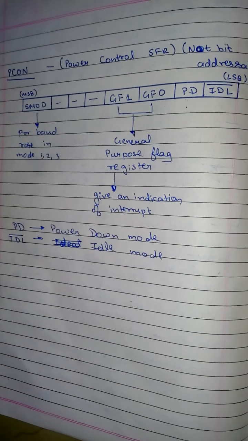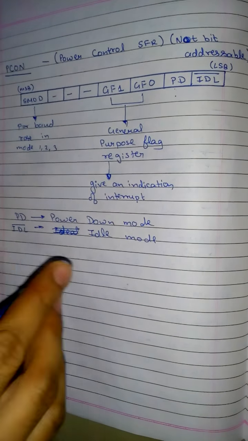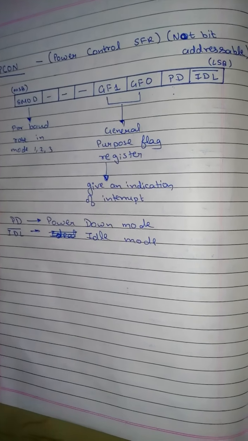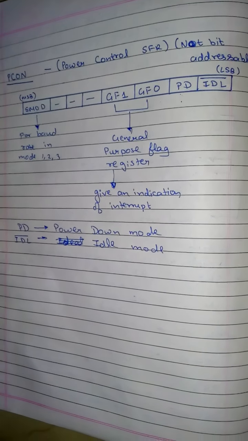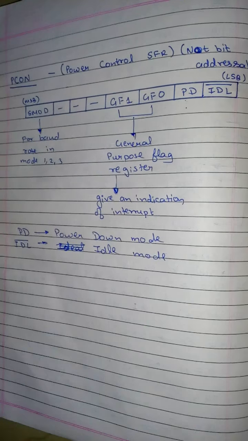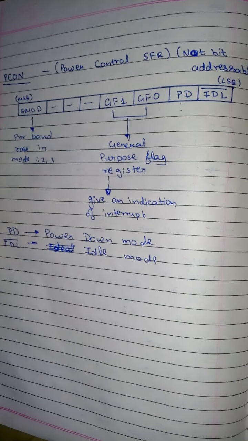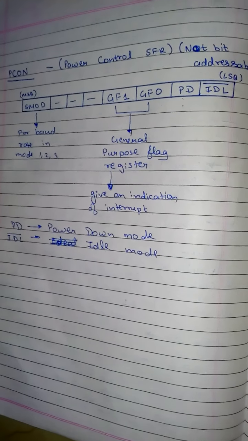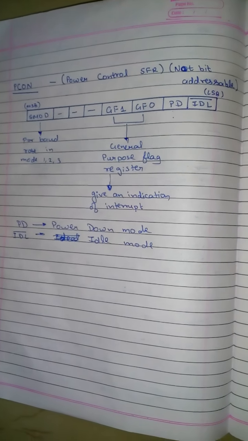In power down mode, VCC can be reduced to minimize power consumption. But note that VCC should be high until the 8051 enters power down mode, and as soon as power down mode is terminated, VCC should again go to a high value. If this is not done, it may damage your microcontroller.